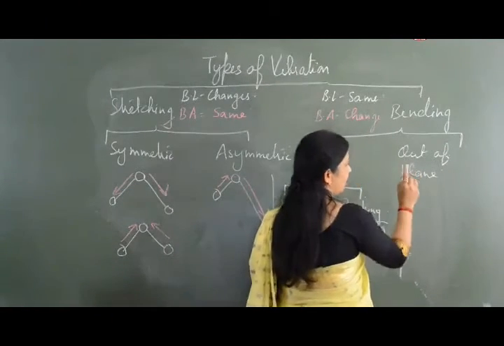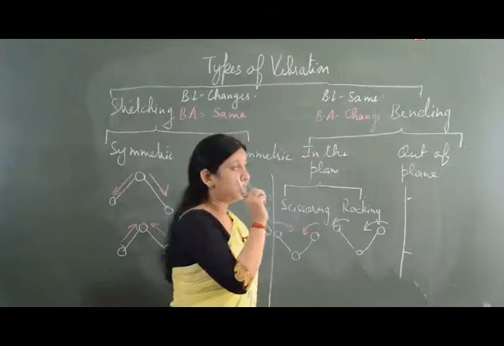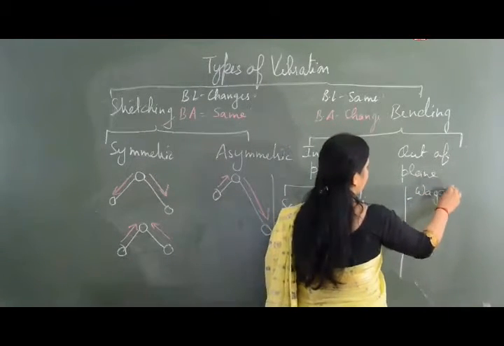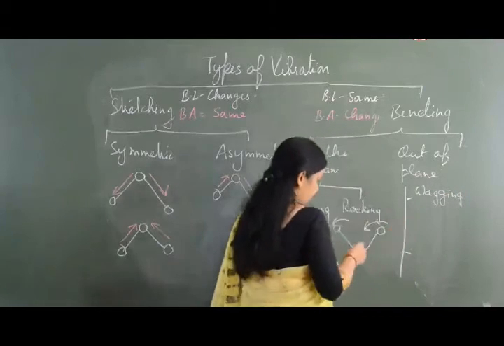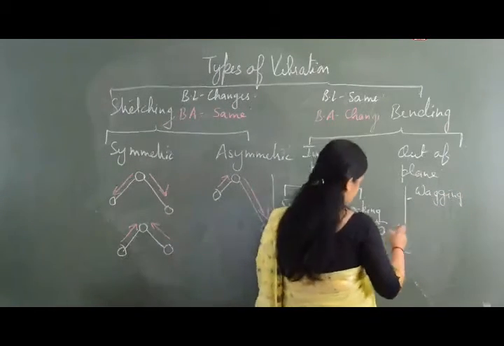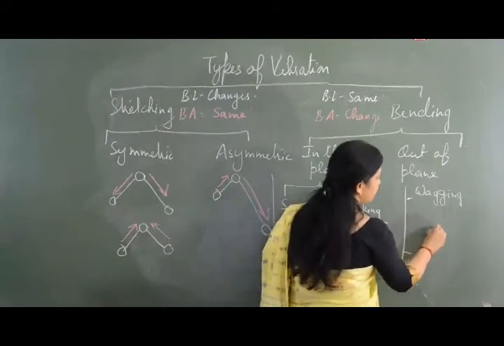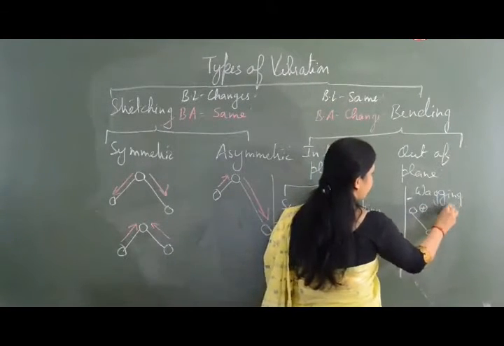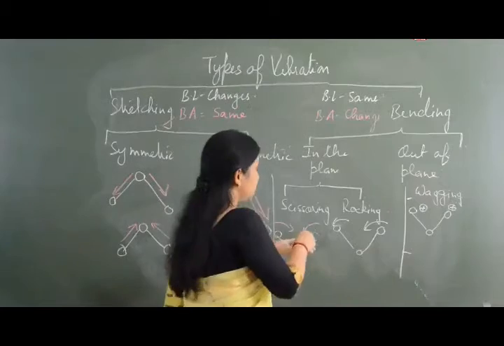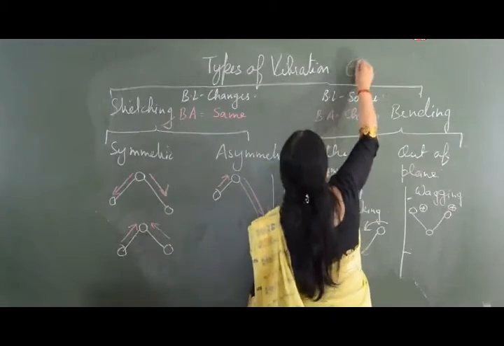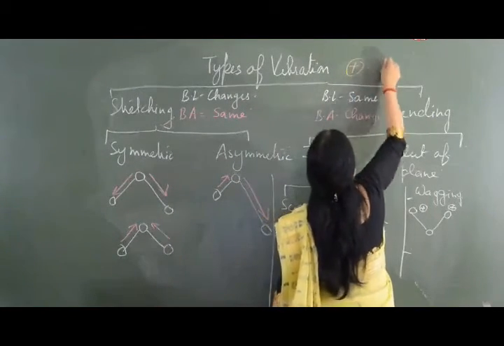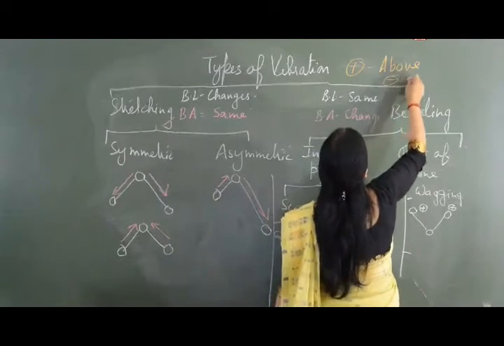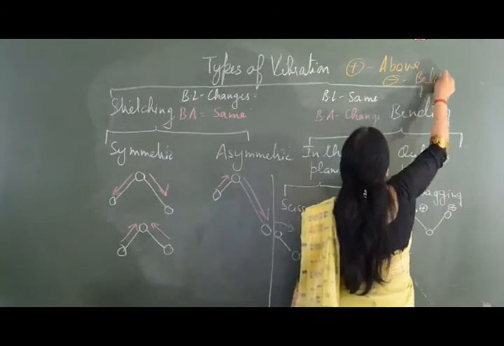Then out of plane bending. Out of plane bending is again of two types. One is wagging and the other is twisting. If we talk about wagging, then if these are the molecules, I write a positive sign for above the plane bending and a negative sign for below the plane.